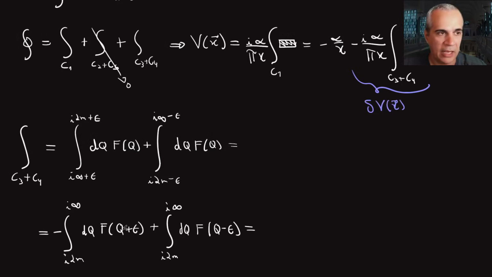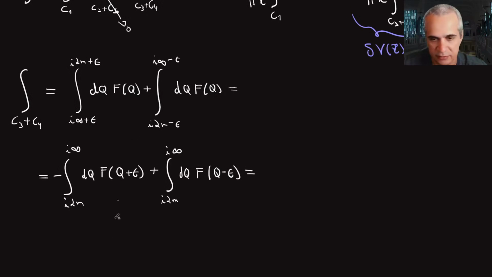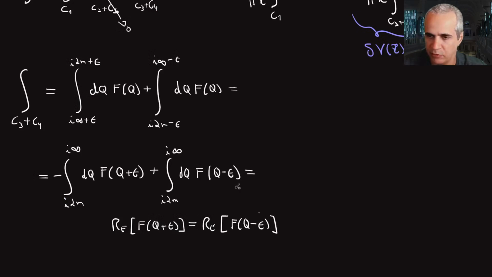And we know that in the case of the logarithm, the real part of f(q plus epsilon) is the same as the real part of f(q minus epsilon). So since now I have a minus sign between them, the real part will disappear.